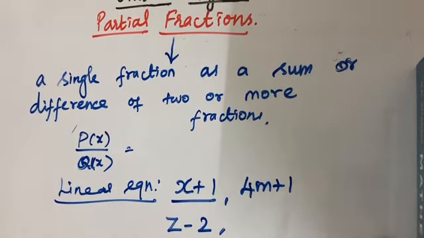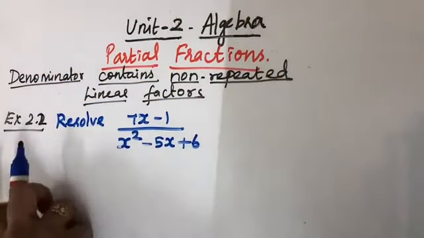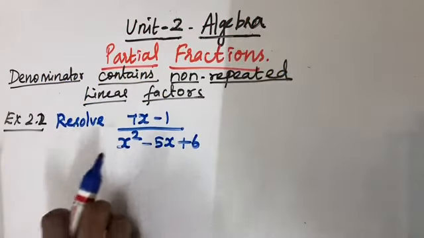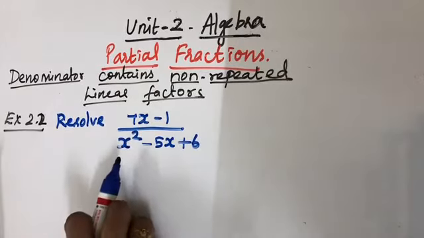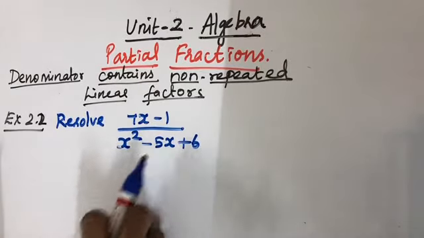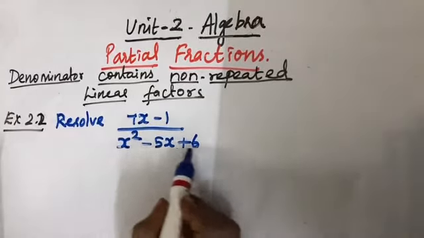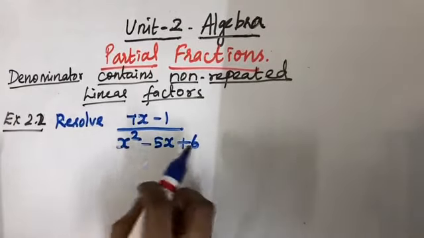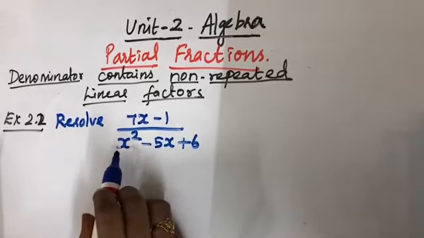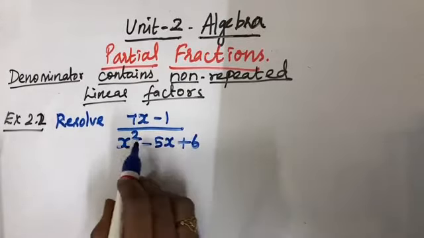Second example, resolve 7x minus 1 divided by x square minus 5x plus 6. Here the denominator contains a quadratic, a polynomial of order 2.